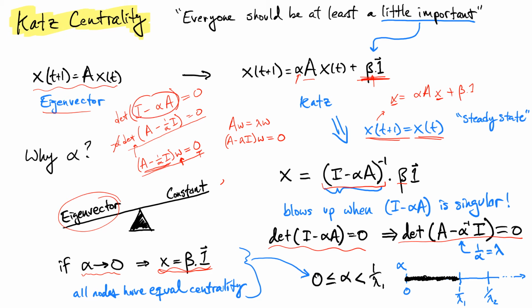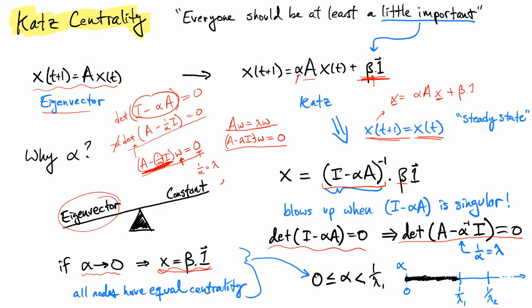And we look at this, which comes from the definition of the eigenvalue eigenvector equation. And what we see is that when alpha is defined such that 1 over alpha is equal to lambda, we will necessarily make this matrix singular, because that's the way that the lambda, the eigenvalue and eigenvector are defined.